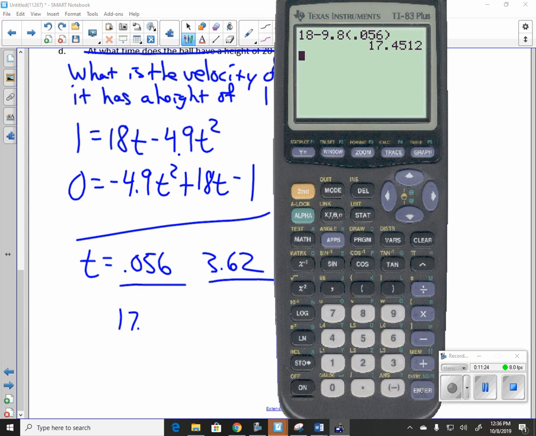I get 17.45 meters per second. And if I do the 0.362, I should end up with a negative because it's on its way down. And I get negative 17.48 meters per second.